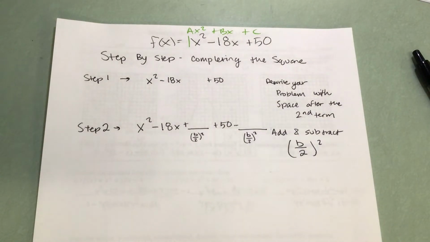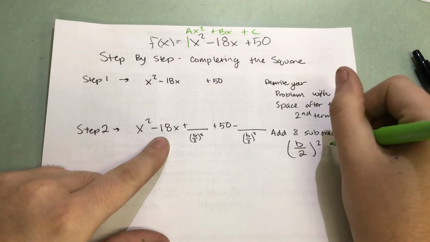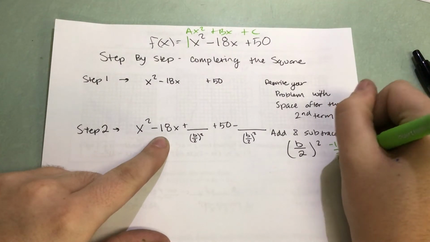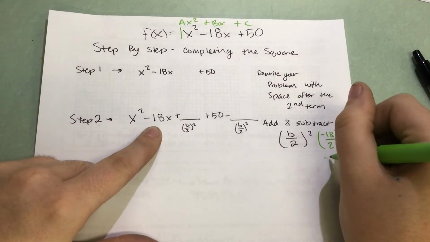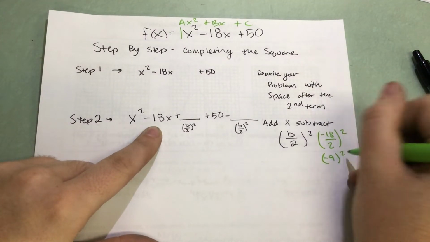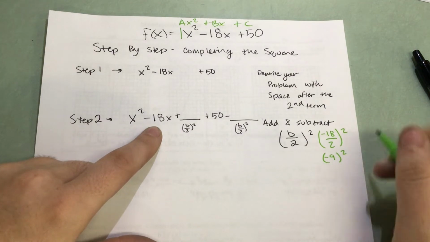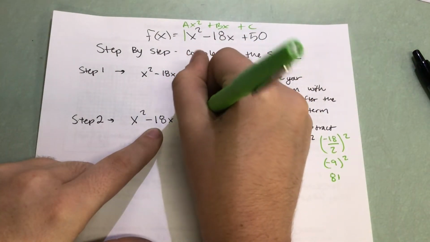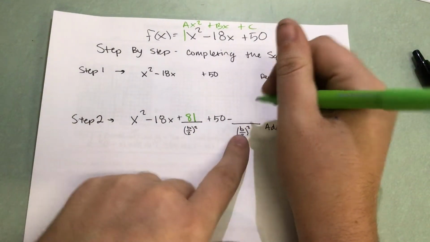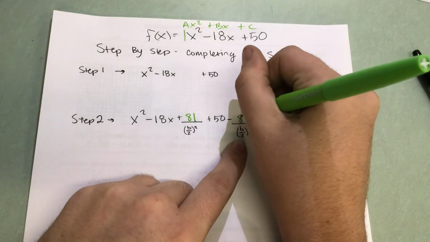So what is that? In this problem, half my b value, so that would be -18 over 2 raised to the power of 2. That would be -9 squared. -9 squared is 81. So I'm going to add 81 here, and then I'm going to subtract 81 on this side.